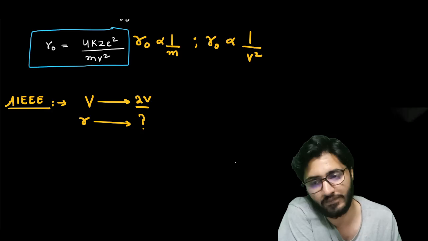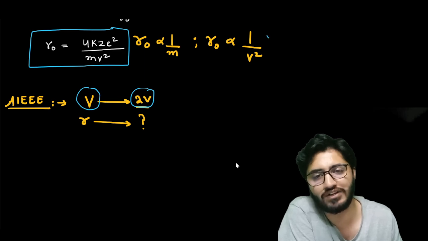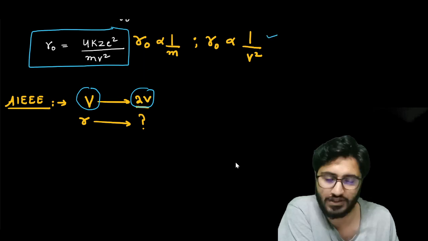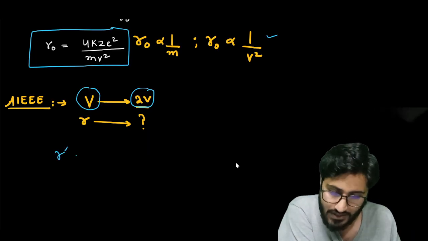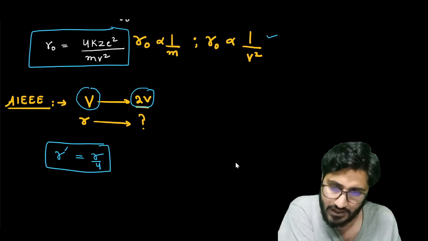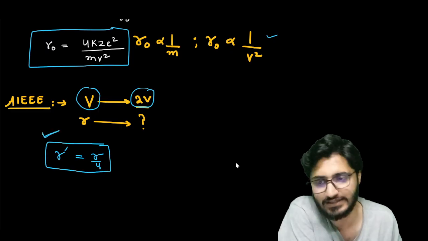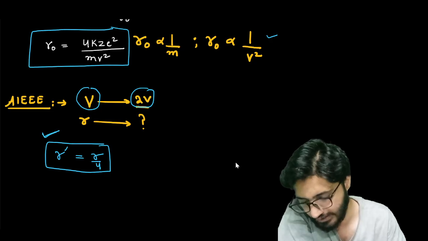We are talking about velocity and radius, so I can use this equation: R is proportional to 1 by V square. So R dash is equal to R by 4. This is the answer. It took less than 5 seconds.